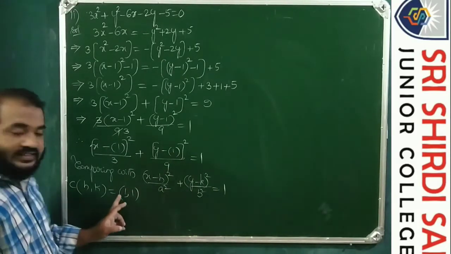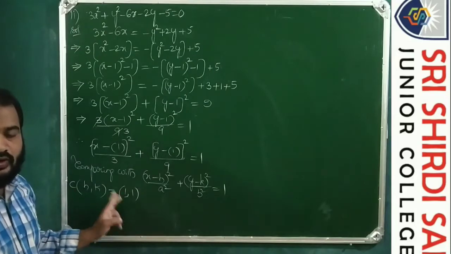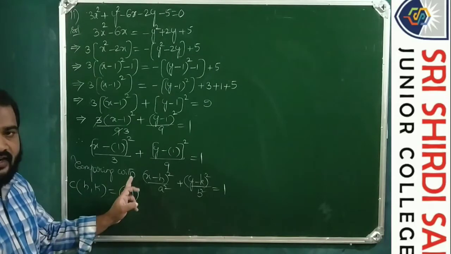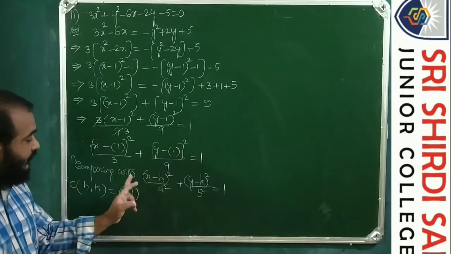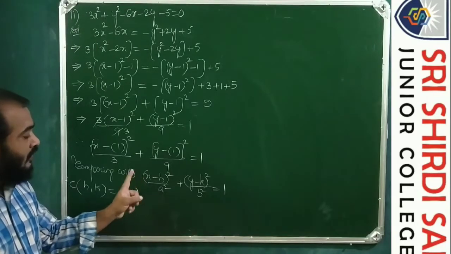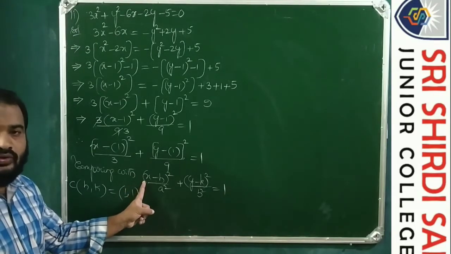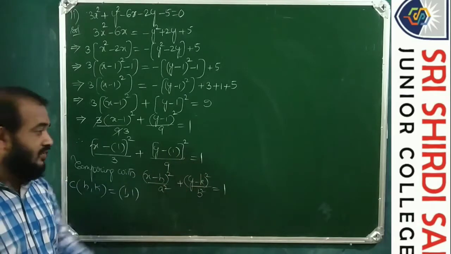Since the center is other than the origin, this is not the standard form of the ellipse. Its center is shifted to a point other than the origin.